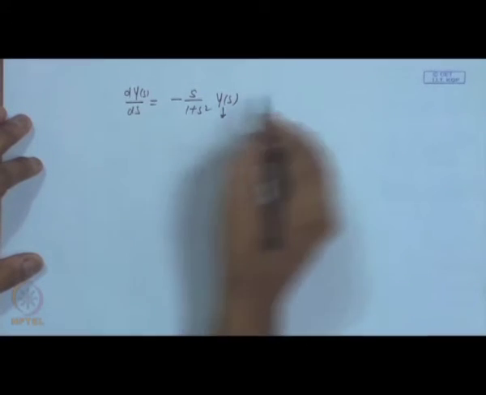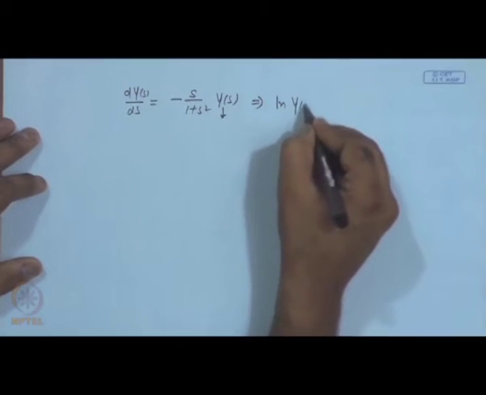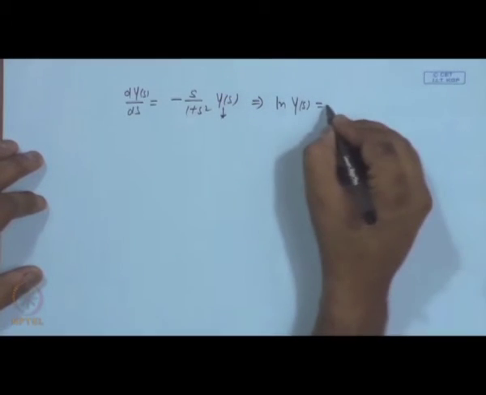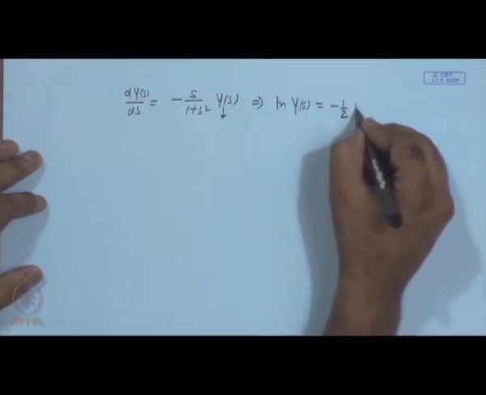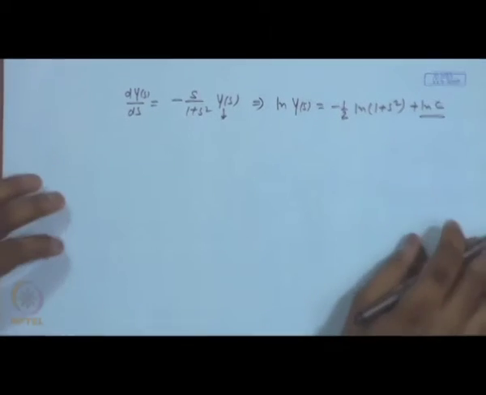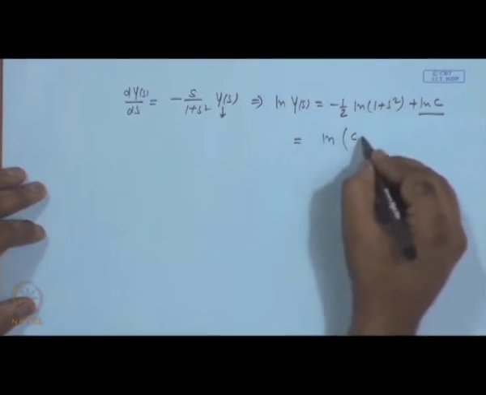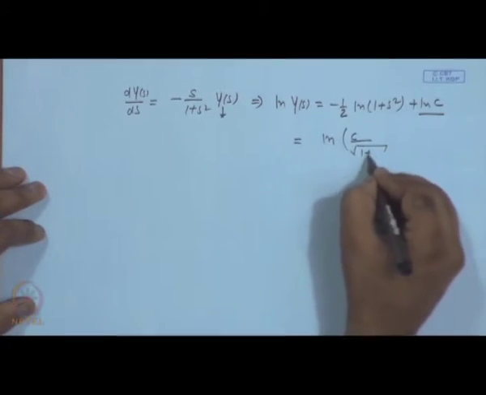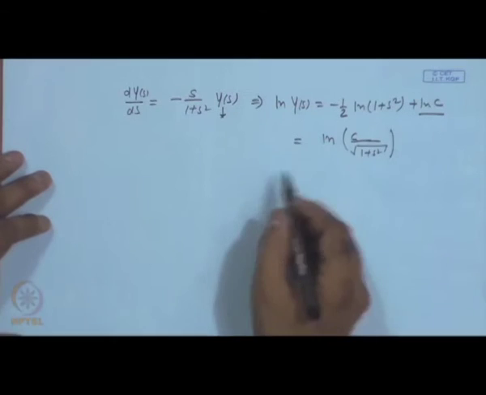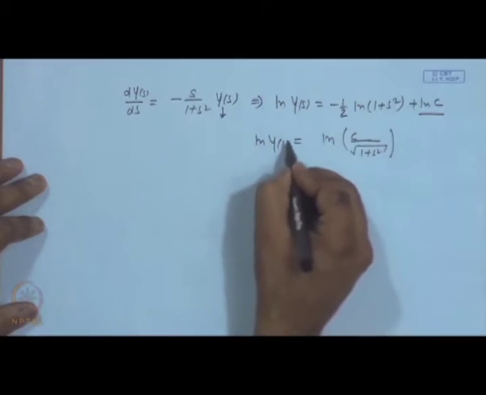We take this to the right hand side, to the left hand side in the denominator. So, if we integrate that, we get ln Y(s) is equal to, and here we will get this, the differentiation is sitting there, so with minus half and this ln of 1 plus s squared and a constant ln c, in this form, because we will get rather simple form here, then ln c divided by the square root of 1 plus s squared.